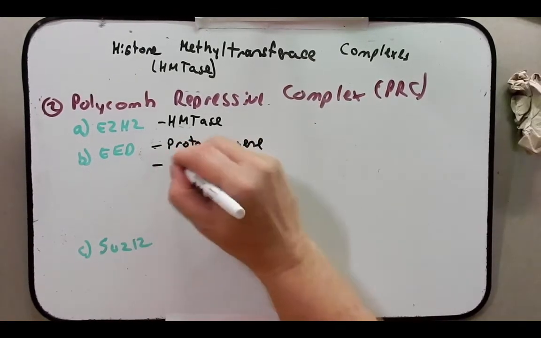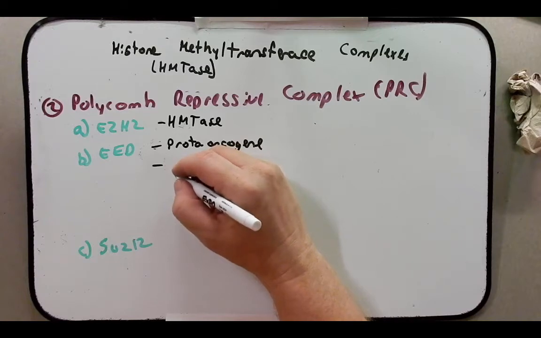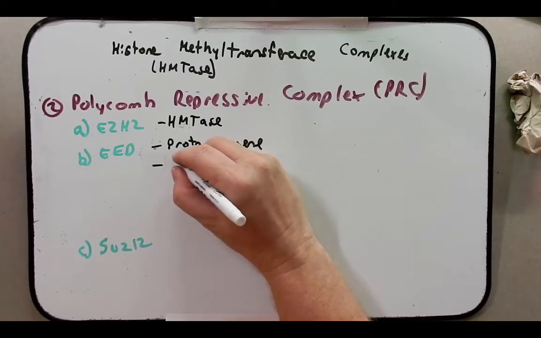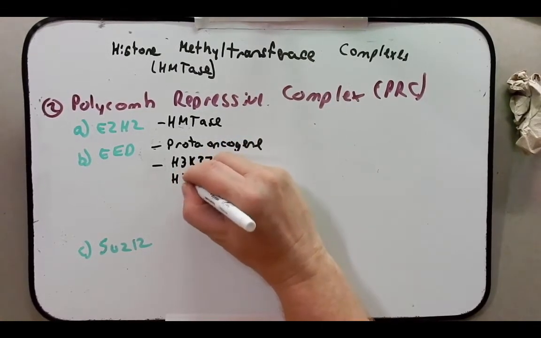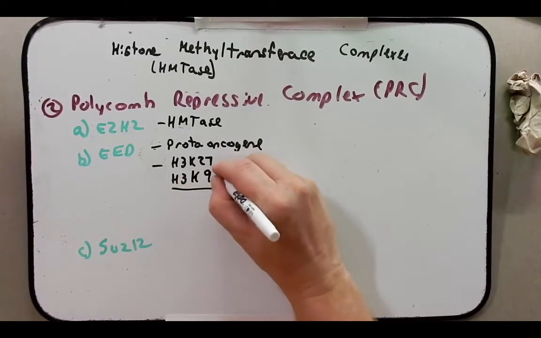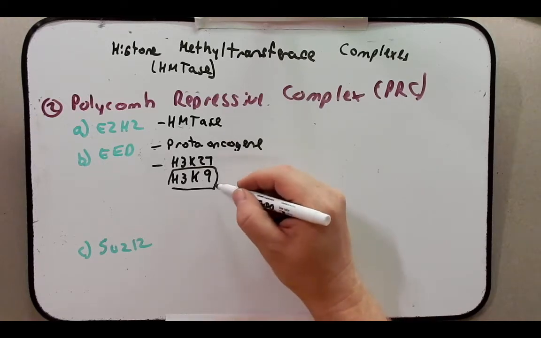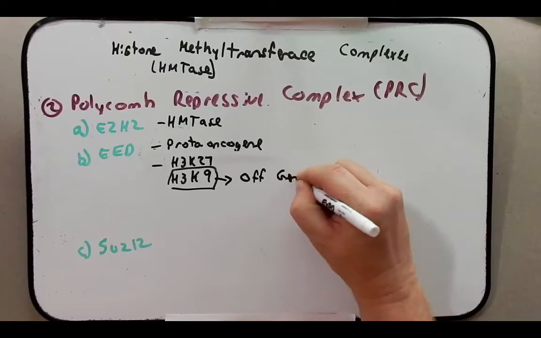So I'm just going to write proto-oncogene because that's what it usually does. These will methylate several different types of lysines, including H3K27 and one of our favorites that we've grown to love and respect is H3K9. And if you remember, when H3K9 is methylated, it will turn off gene activity.